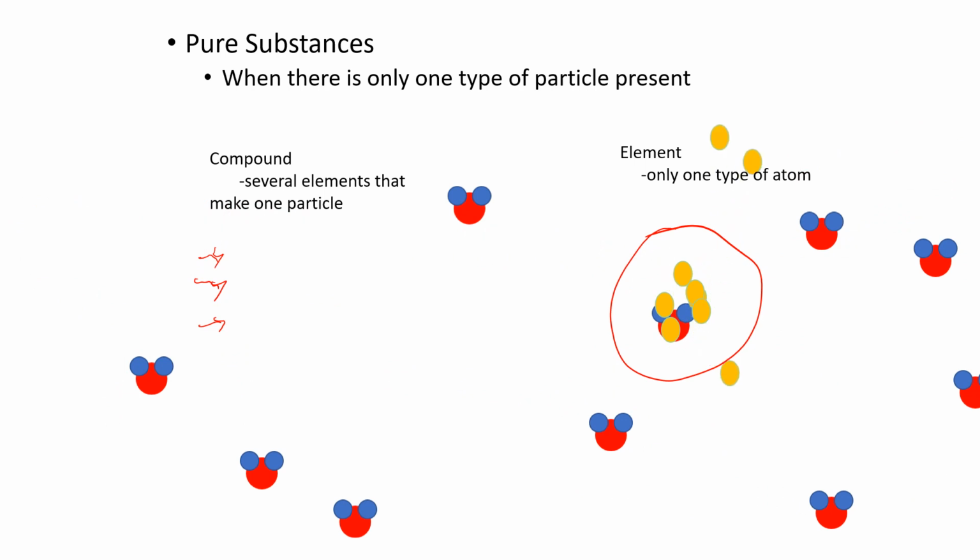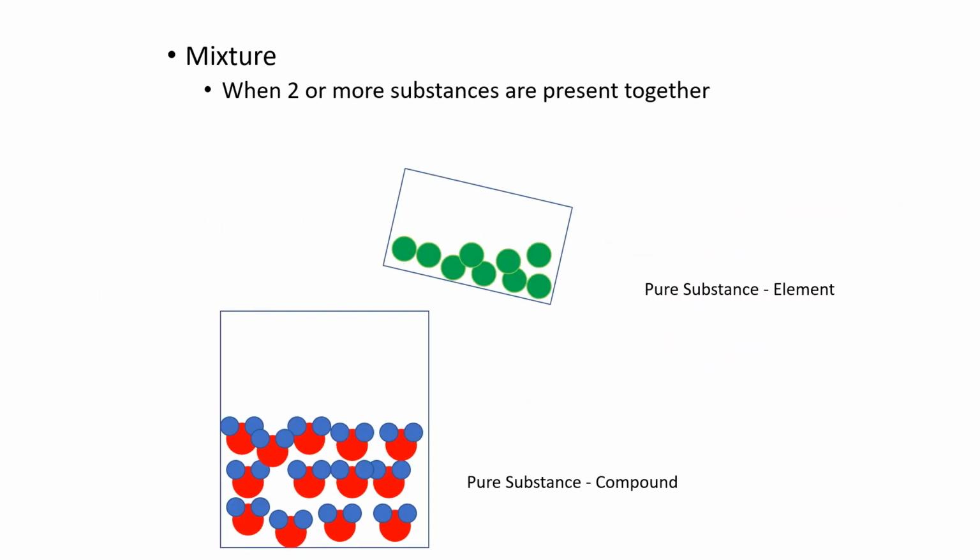Now, a mixture is when you have two or more substances present together. So, for example, here is, say, water down here, and let's pretend that this thing right up here is, I don't know, some type of compound like magnesium.